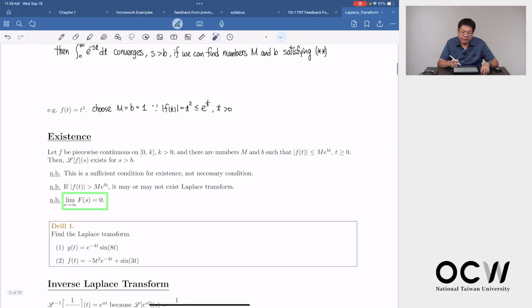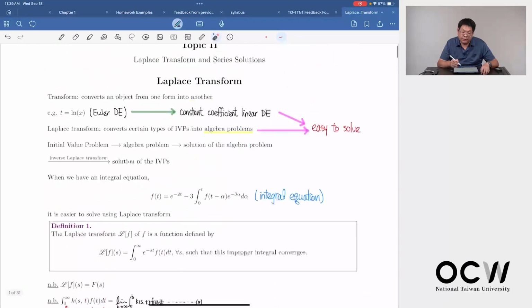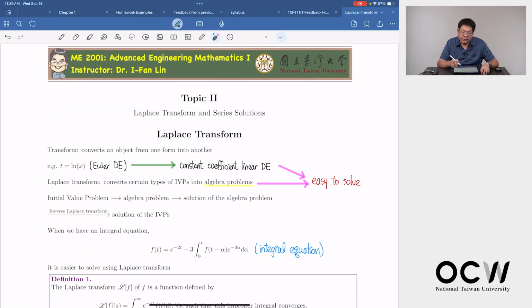So here are two practice problems. You can try to find the Laplace transform. In the beginning, we said why do we need a Laplace transform? We try to convert it to an easier way to find a solution. But once we find a solution, we need to transform it back to our original domain. So that's the inverse Laplace transform to show our answer.